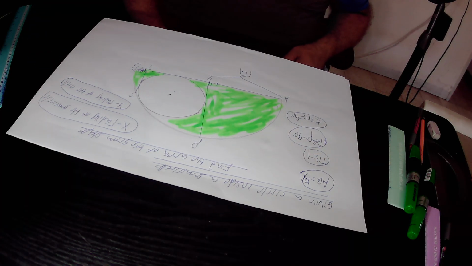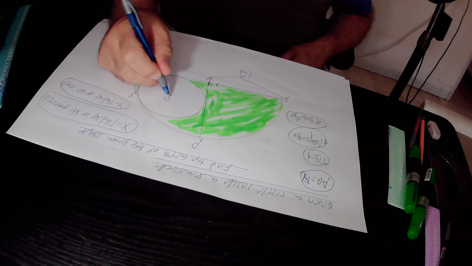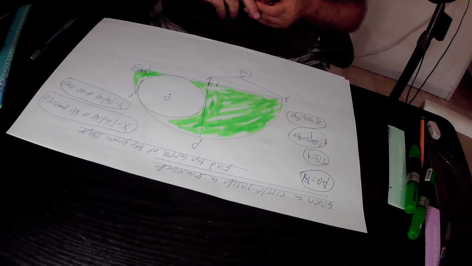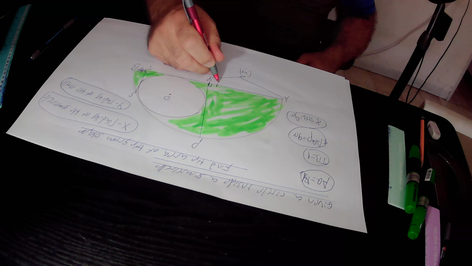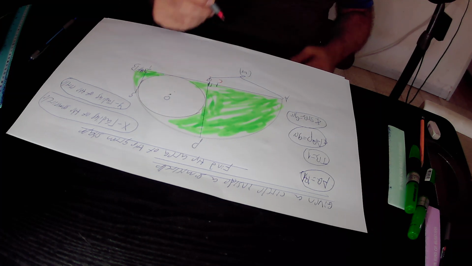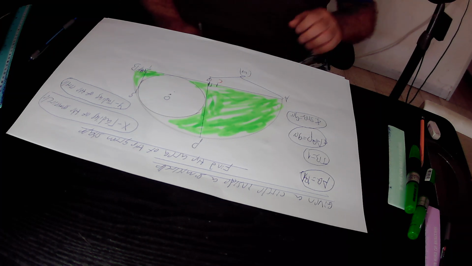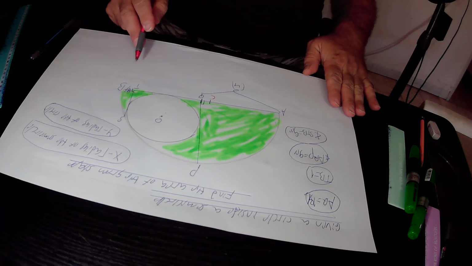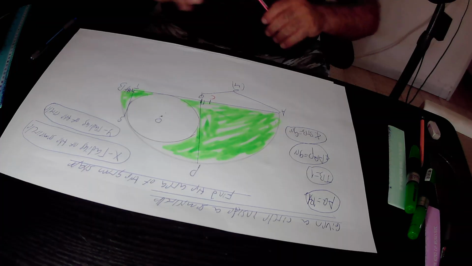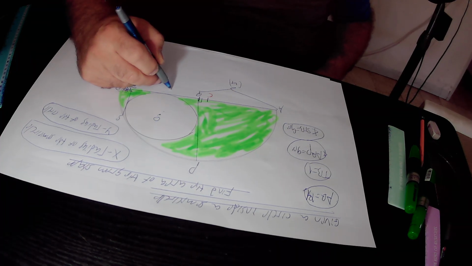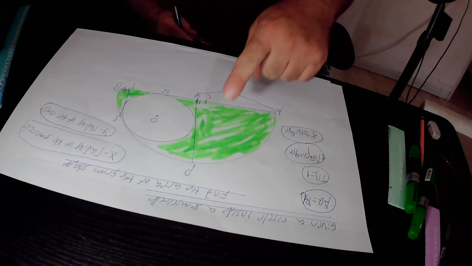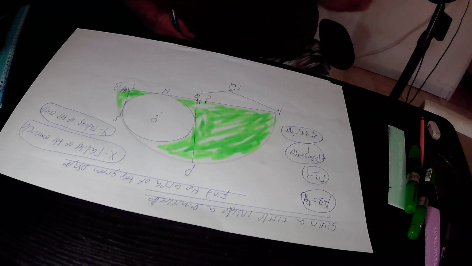In the next step, we will define the center of this small circle. This point is point O, and the center of this big semicircle is point C. We define the point of tangency of tangent AB with this small circle. This point is point N. Likewise, we define the point of tangency of tangent PQ with this small circle.